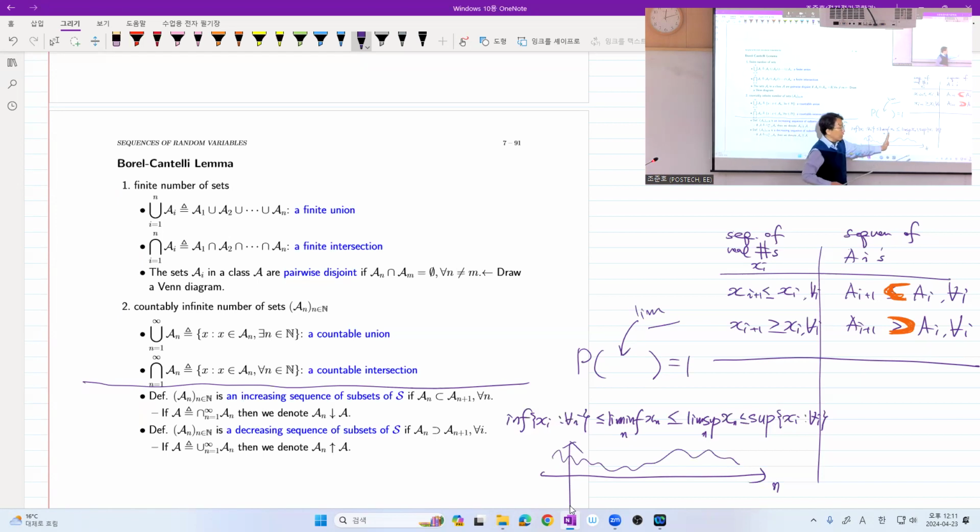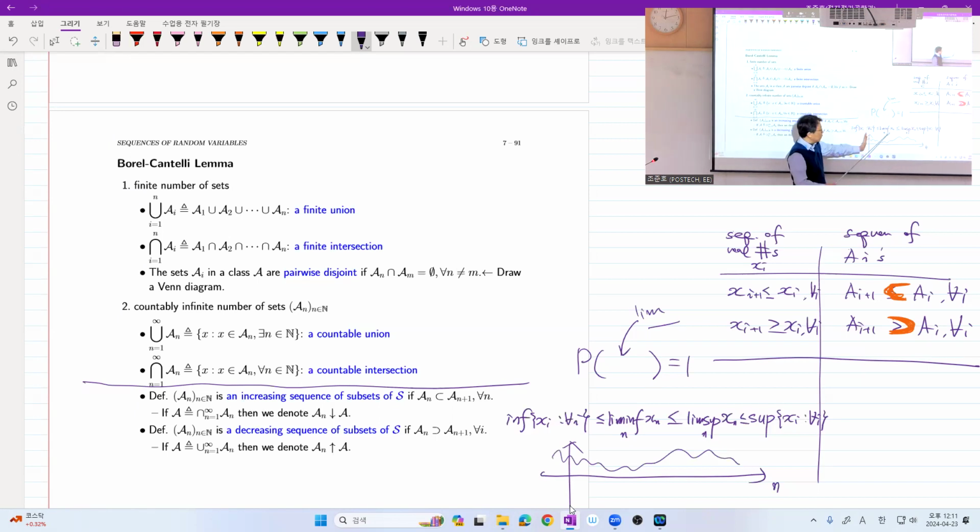What happens? Your supremum is always decreasing. So you have a sequence of decreasing numbers. And since that entire sequence is bounded below by negative infinity, what happens? This always exists.